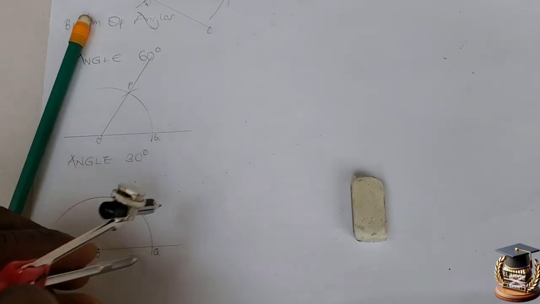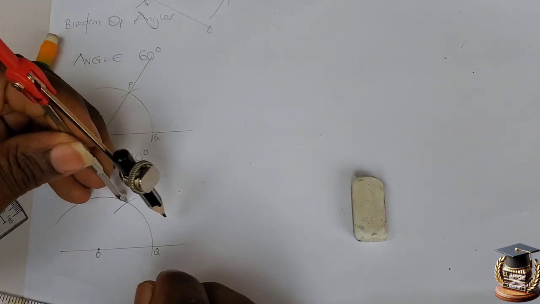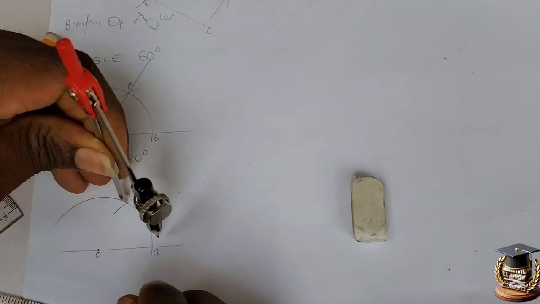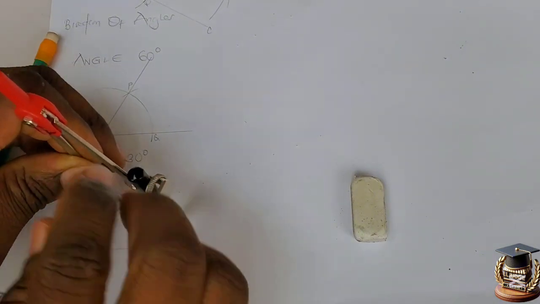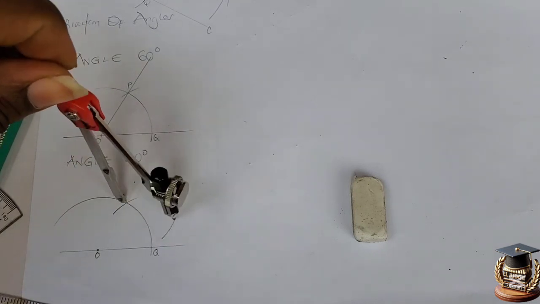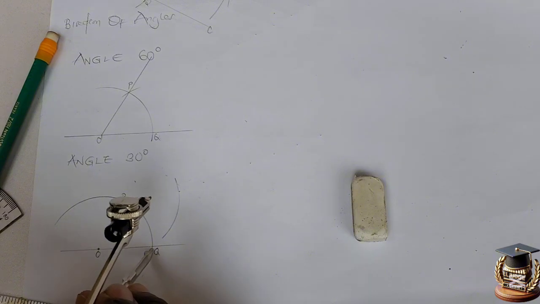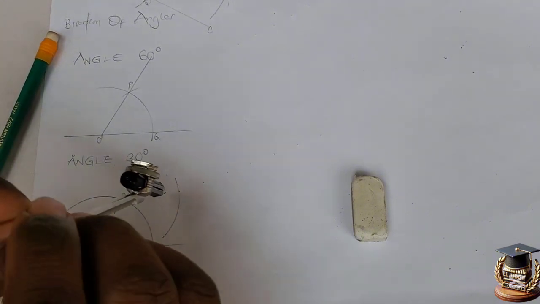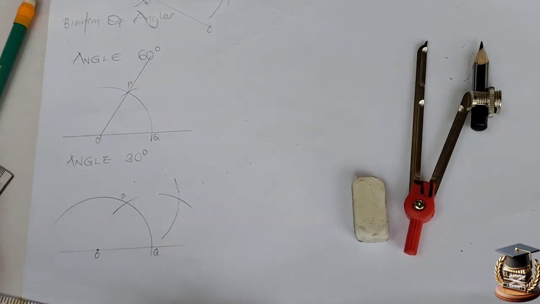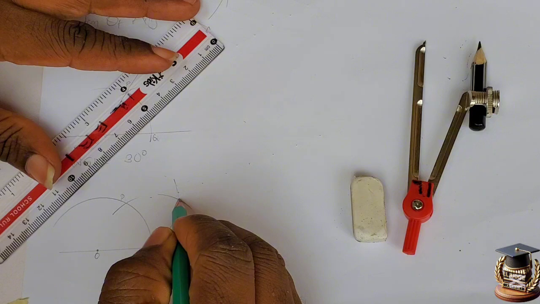Then you extend this point, so we call this point P. So extend the compass. We can also leave it like this, or you choose to extend it. With center P, cut an arc, and with center Q, also cut an arc. The meeting point of these two arcs gives us angle 30 degrees.